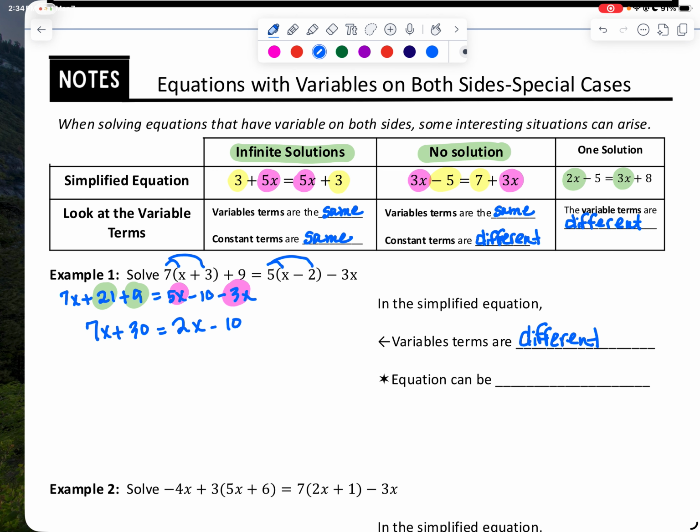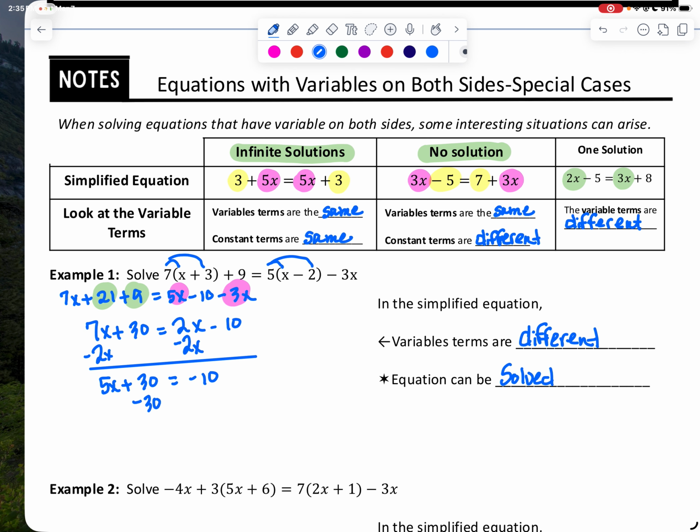So look at your chart above. How many solutions do we have if the variable terms are different? And hopefully you saw that it only had one solution. That means this equation can be solved. So if it can be solved, then we need to work it out to find that solution. So we would subtract 2x from both sides to get 5x plus 30 equals negative 10.